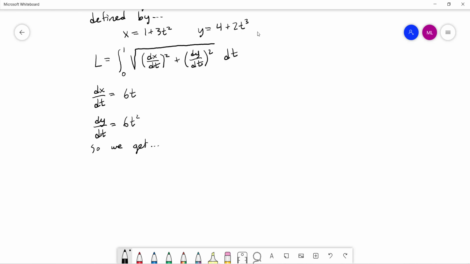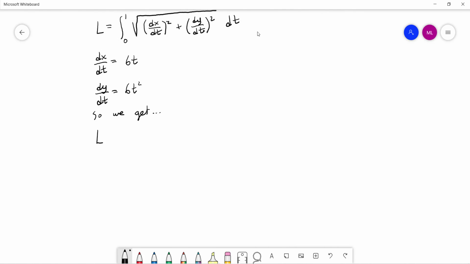And we're going to get that L, our arc length, is going to be the integral from 0 to 1 of the square root of dx dt, which was 6t squared, plus the other one, which was 6t squared, dt.